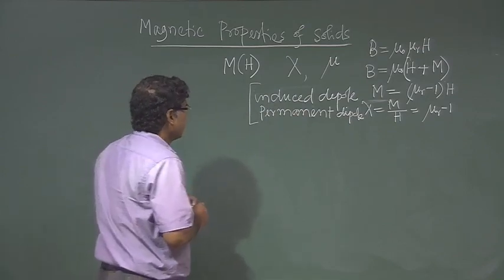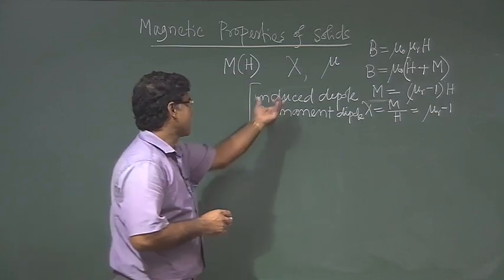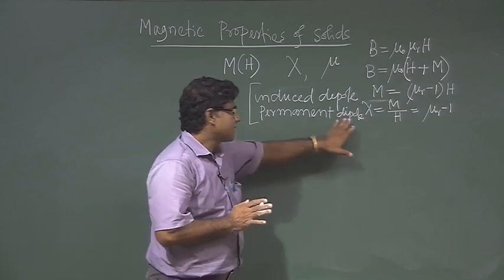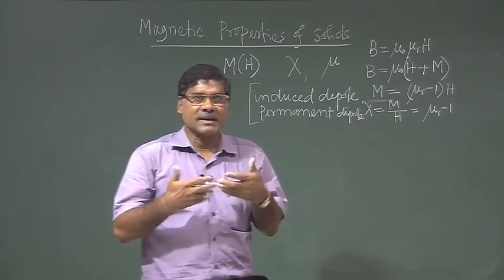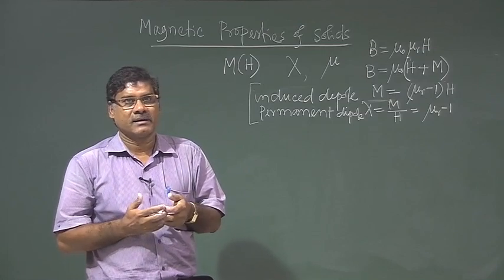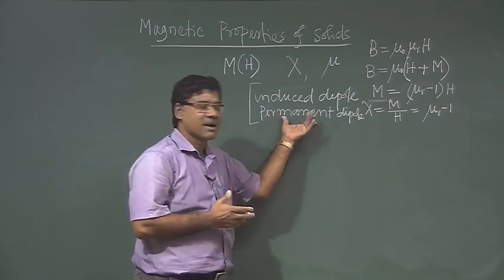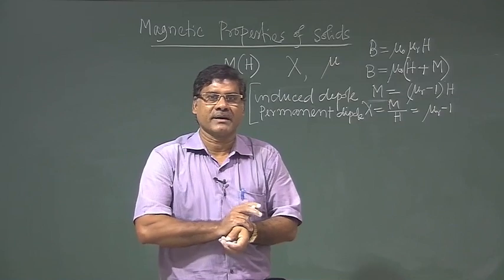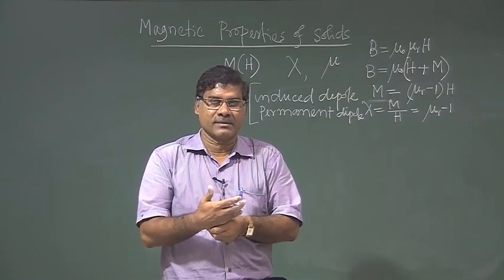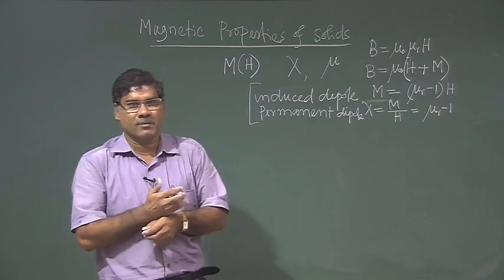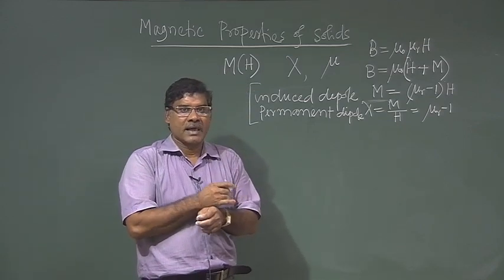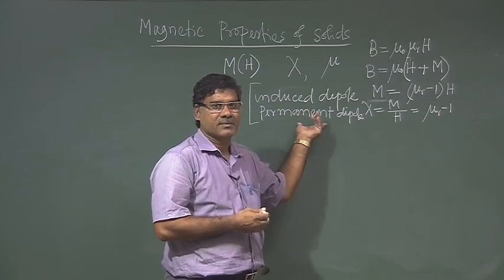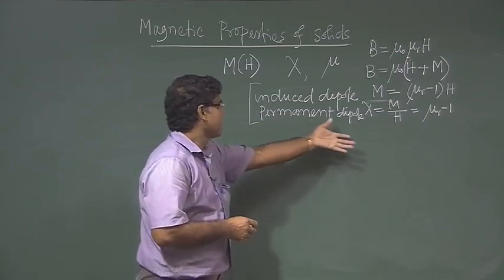When we apply a magnetic field, the induced dipole moment will occur, that is fine, but for the other case the magnetic property is decided by how the permanent dipole moments are oriented towards the magnetic field. The tendency of orientation of the permanent dipole moments towards the magnetic field will decide the magnetic behavior of the material, whether it is paramagnetic or ferromagnetic.